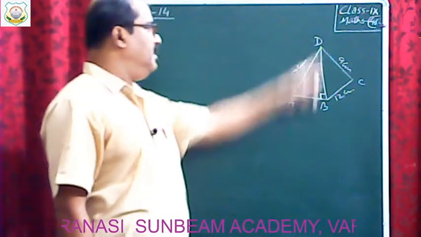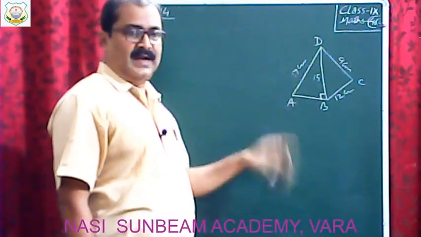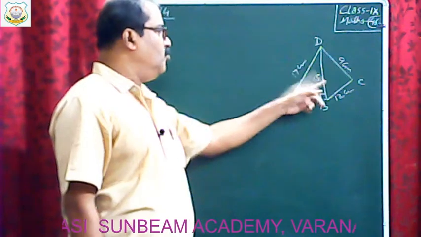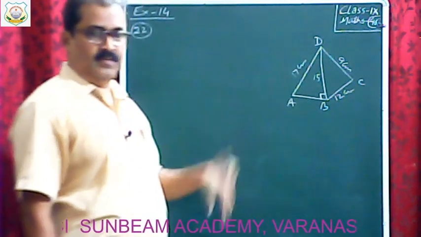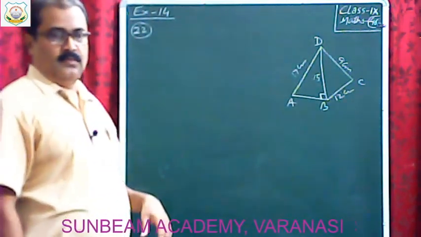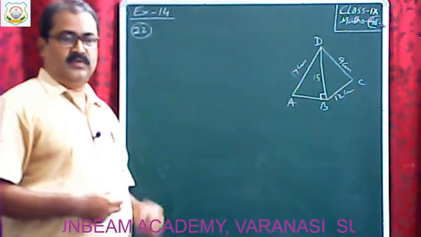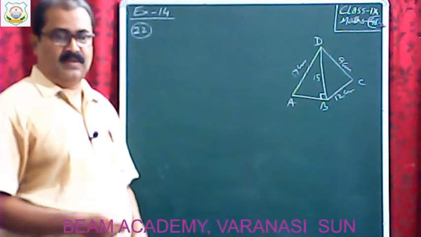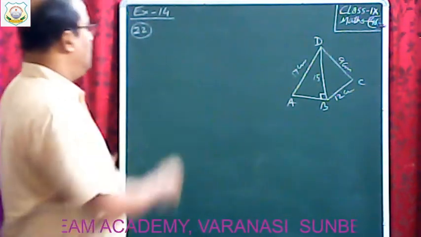ABD is a right triangle. Two sides we have. Third side you have to find out first. So when in a right triangle two sides are given and you have to find the third side, you have to use Pythagoras theorem.